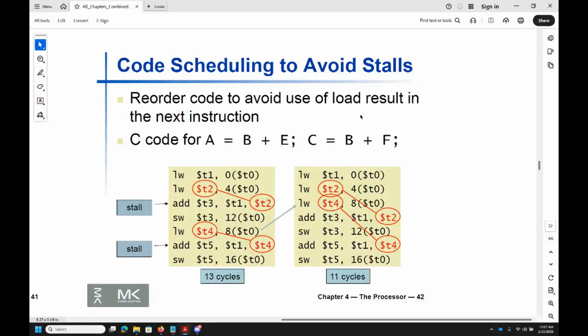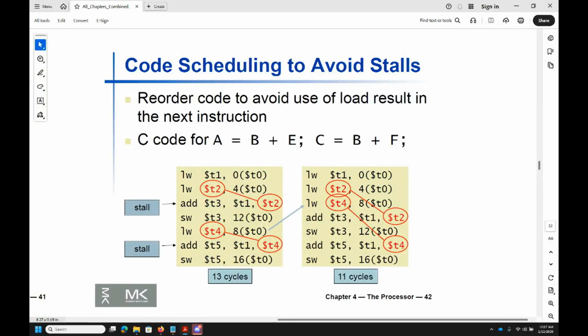You can do all of the loading in parallel, because you're loading into different registers, not the same register. You can also do the addition in parallel. Just by moving the order of the instructions around, you get a speedup and avoid this hazard. We went from 13 cycles to 11 cycles.